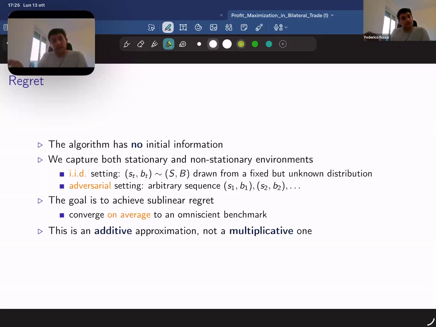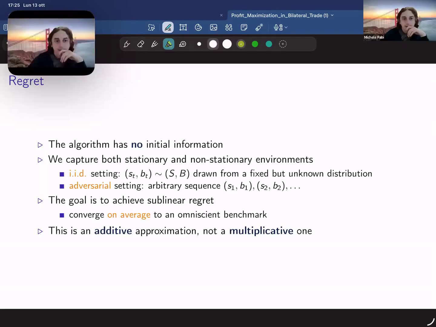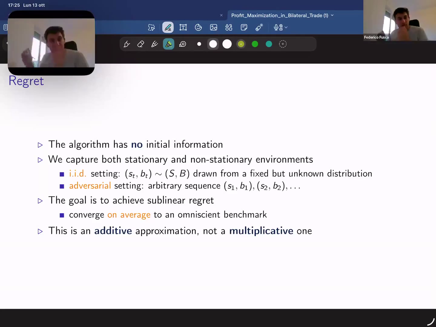This adversary can know the algorithm that the learning agent is using, but does not have access to the random bits of the agent. In particular, and this is a bit of a spoiler, clearly the oblivious setting is the weaker adversarial model, but we're going to prove that this is already enough to prove a very strong impossibility result. So thanks for the question.